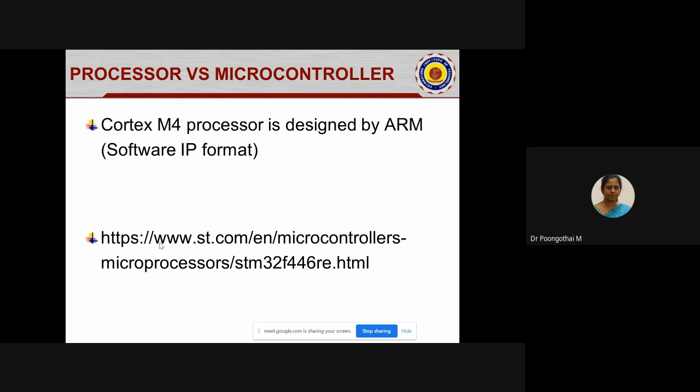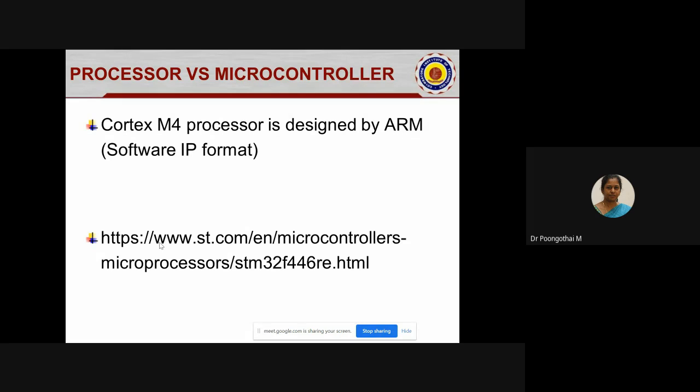This software IP format of the design will be purchased by those manufacturers, and they will integrate this engine into their microcontroller. During the integration, the complete design is called microcontroller design. They may remove some of the components, or they may include some of the components while integrating this CPU design with their microcontroller.